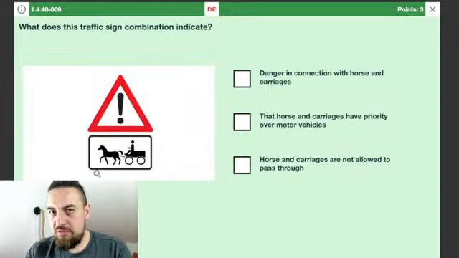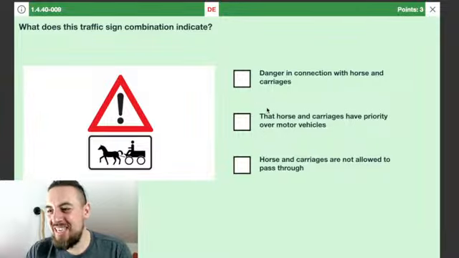Keep in mind you have to read that type of signs always from down to the top. So we see this horse vehicle. I don't know how to call it. Horse and carriages. Okay, this horse and carriages, and you have to take attention for them.